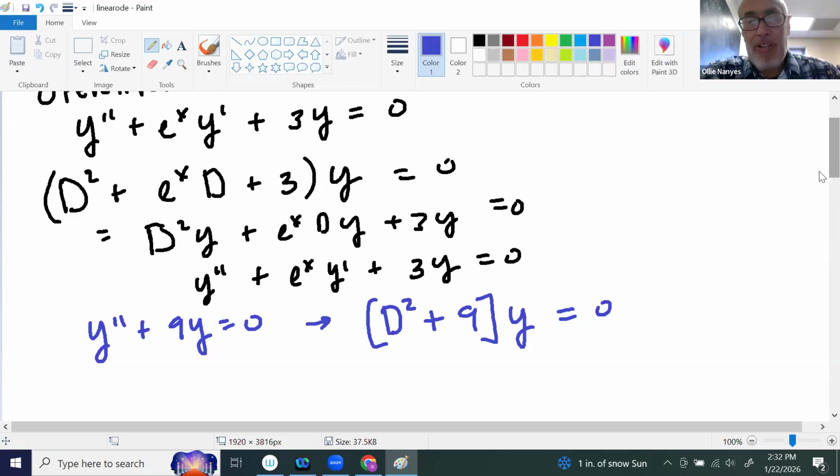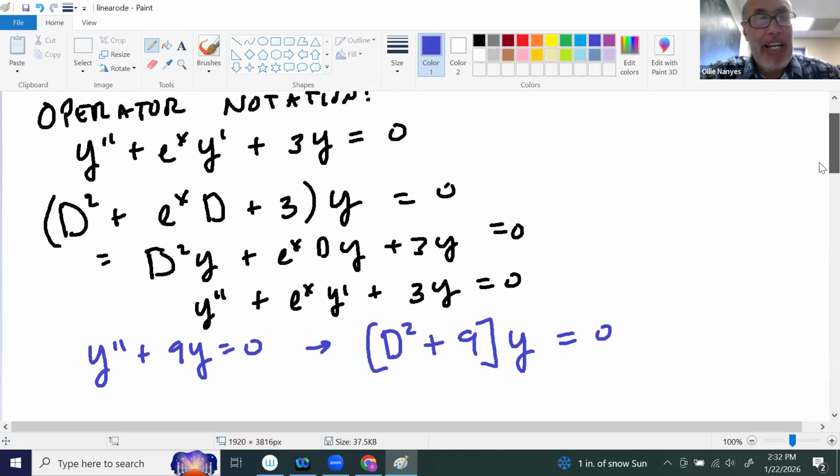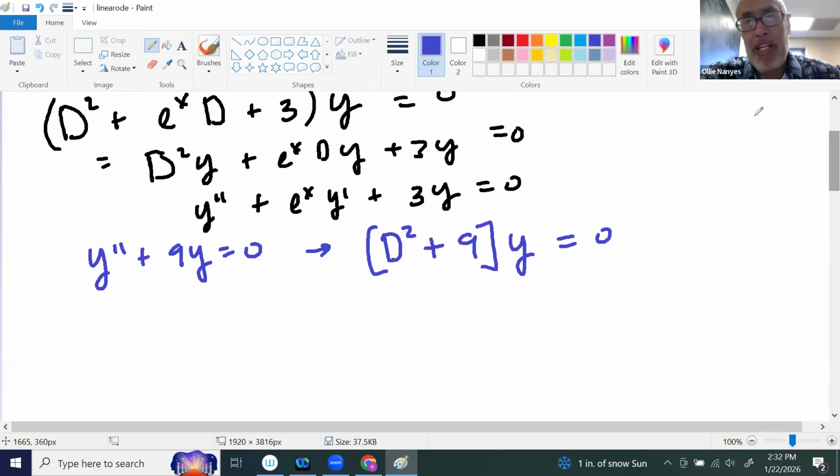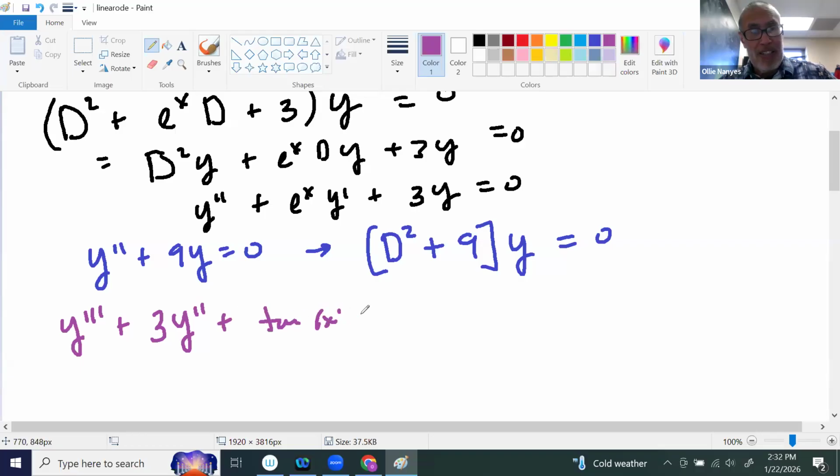Now, you can use operator notation if you have some function of x instead of 0. So for example, suppose you had y triple prime plus 3y double prime plus tangent of x y prime plus 4y is, say, log of x.